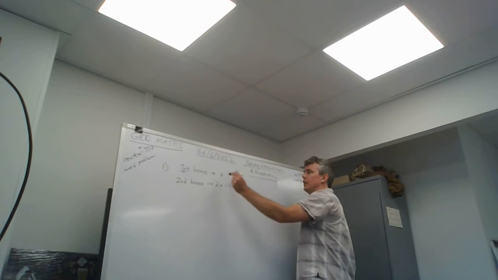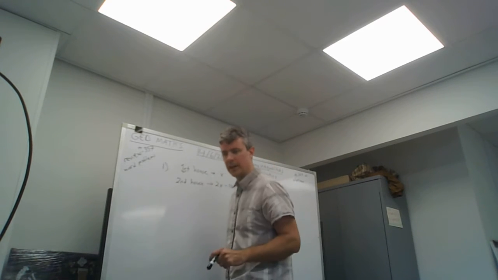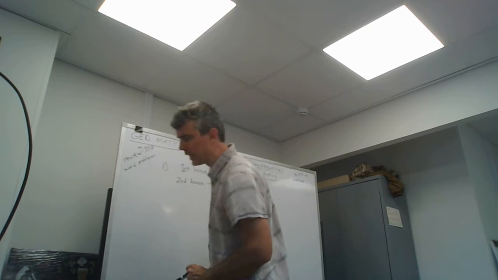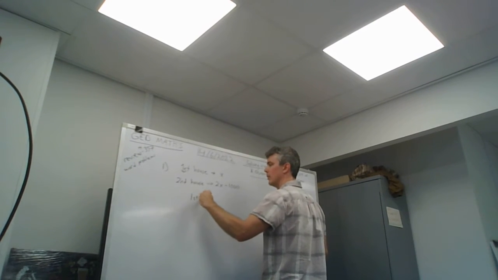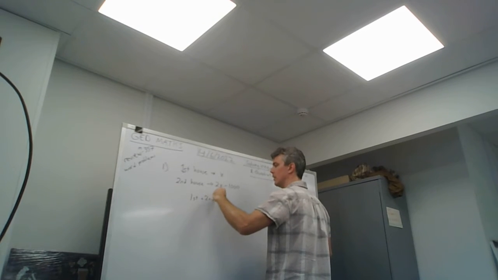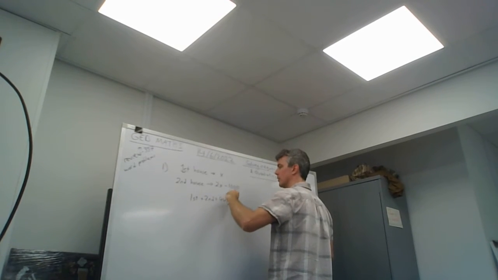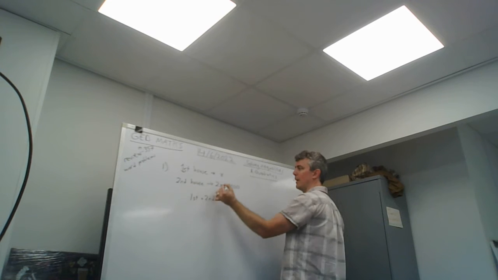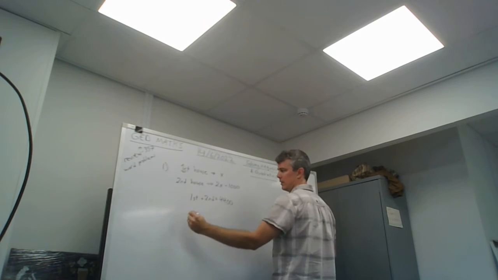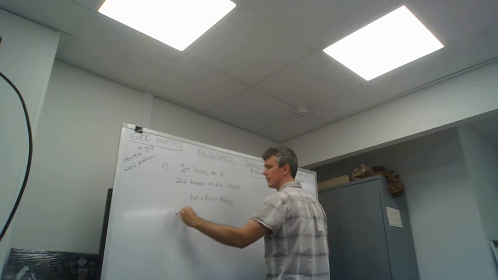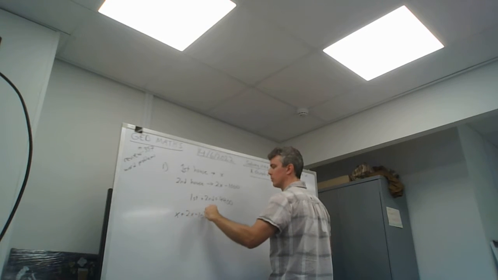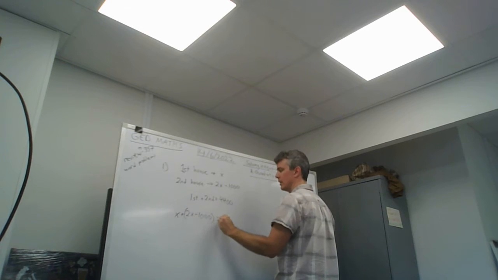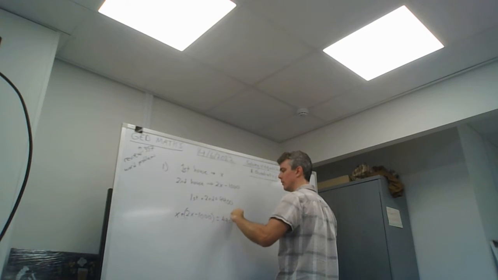Now, it says that both together equal 4,400. So first plus second equals 4,400. And now since we know what the first is and the second, we put those in. So it becomes x plus (2x minus 1,000), brackets is probably better, because it may be some other thing, equals 4,400.